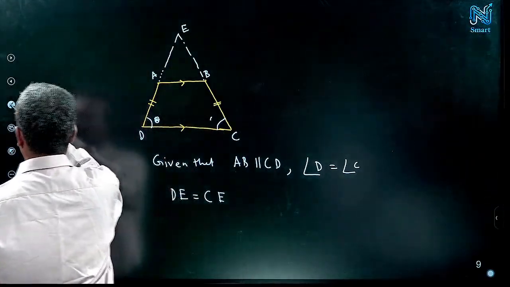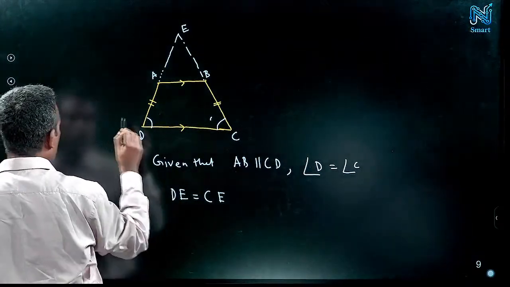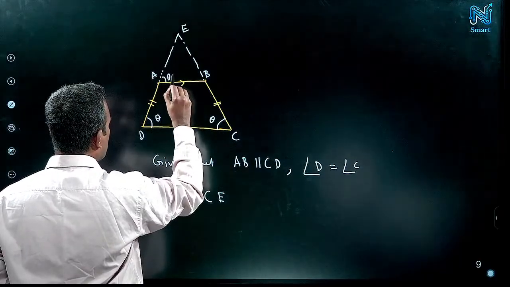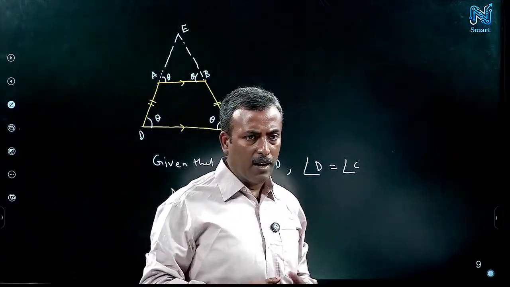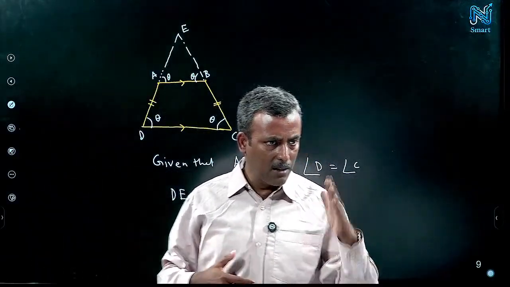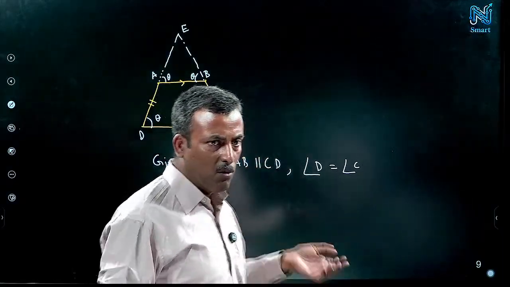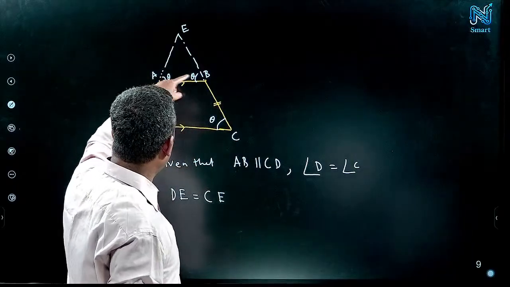Now since these two are parallel, say this is theta. How do you prove that? So this is theta, then this is also theta, because they are corresponding angles of the parallel sides, and AD is the transversal.